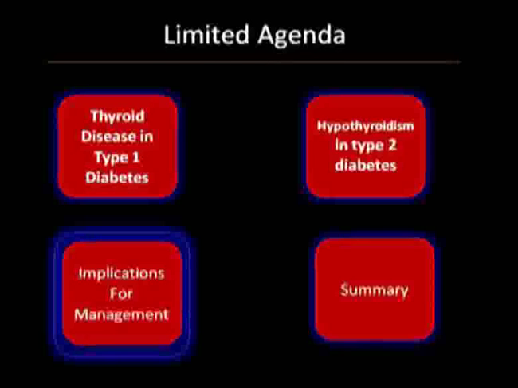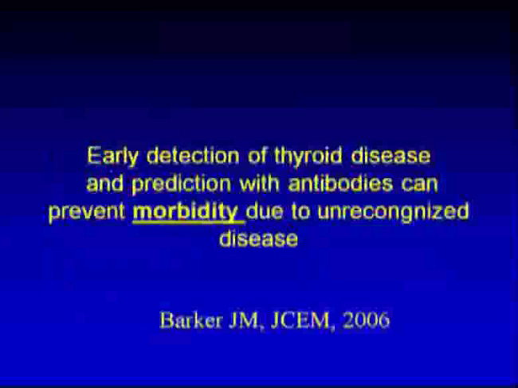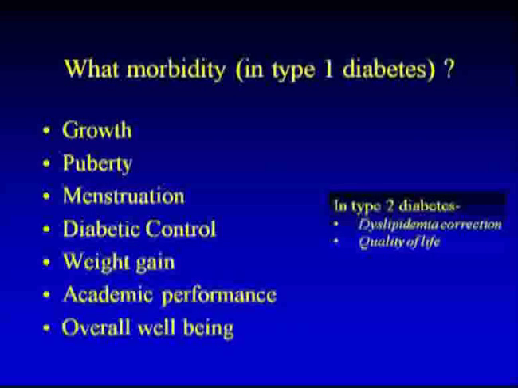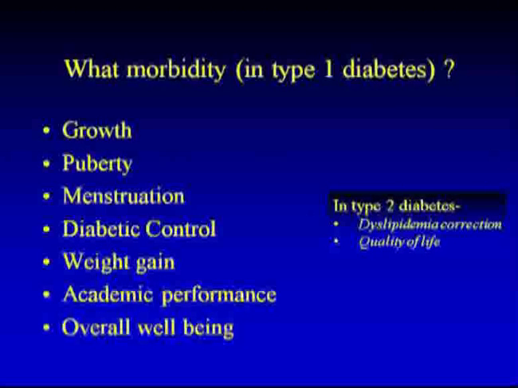I'm just going to look at the implications for clinical management now. Early detection of thyroid disease can prevent comorbidities and mortalities; in type 2 diabetes we think at least morbidity, so I think it is important to diagnose. What is this morbidity that can occur in diabetes if thyroid disease is not diagnosed? Largely, it's all type 1 diabetes, in children and adolescents.